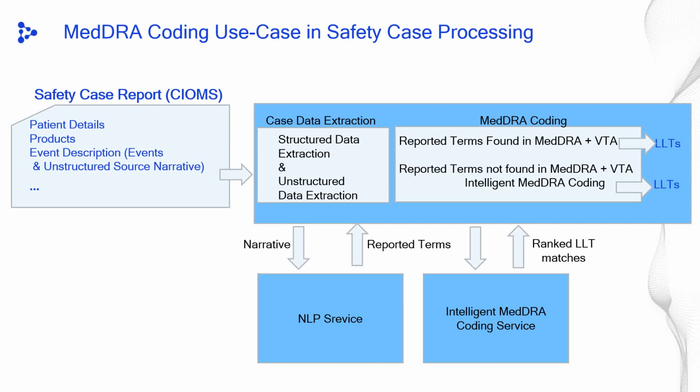Most of the time, the reports include something called an event description or a narrative that is described by the reporter in free text, which includes details of the patient, the adverse events that have been found, and associated products. So those would all be extracted using NLP, and then those terms have to be coded with the MedDRA coding conventions adopted by the companies.